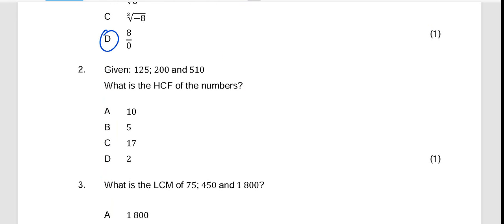Given 125, 200, 510, what is the highest common factor of the numbers? Guys, you have done this from grade 8. You know how to get the highest common factor.